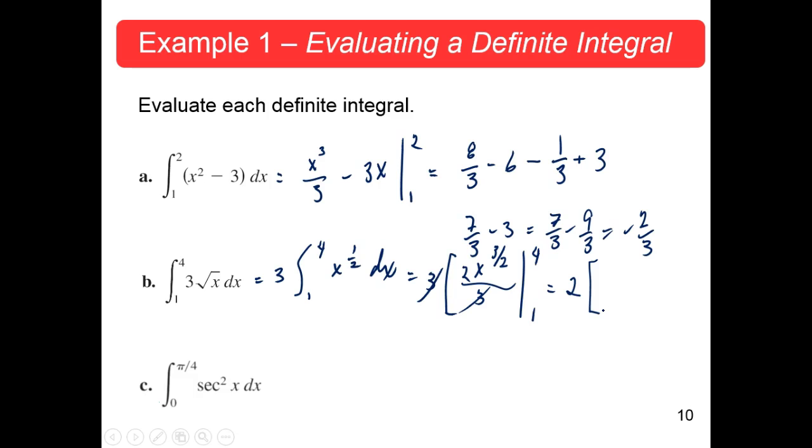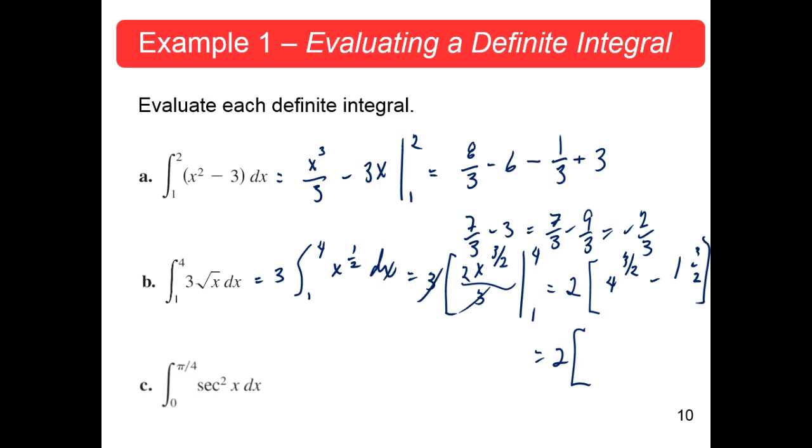Anyone know what, this one I will write this out. This will be 4 to the 3/2 minus 1 to the 3/2. Now, what in the world is 4 to the 3/2? What does the half tell you to do?